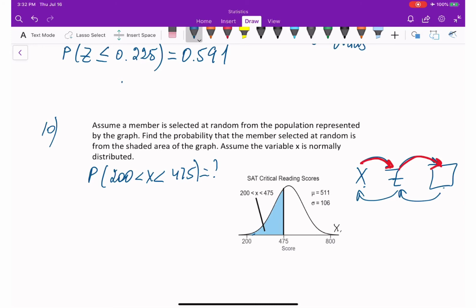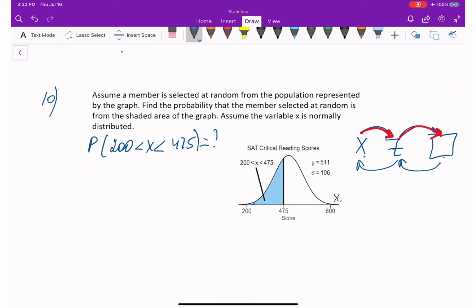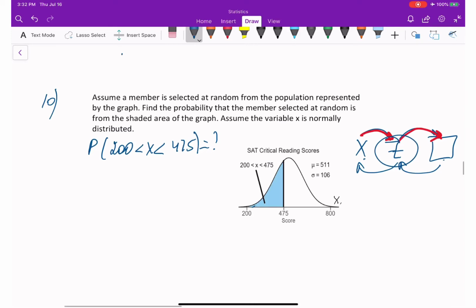Okay, let's write down x1. So we are going to calculate the z-score first, right? We need to find this z-score. Okay, what do we have? x1 is equal to 200, x2 is equal to 475. Mu, excuse me, mu is equal to 511.